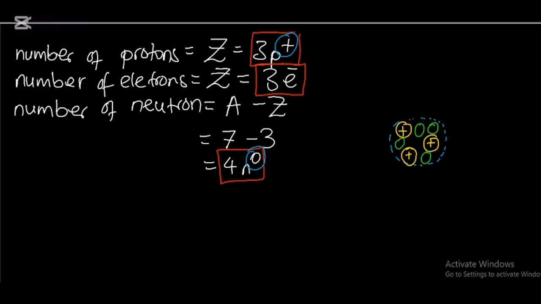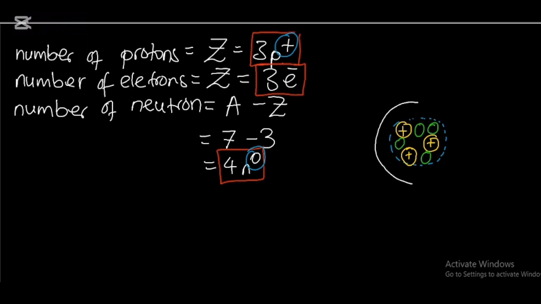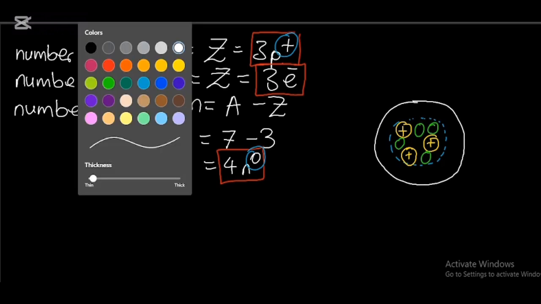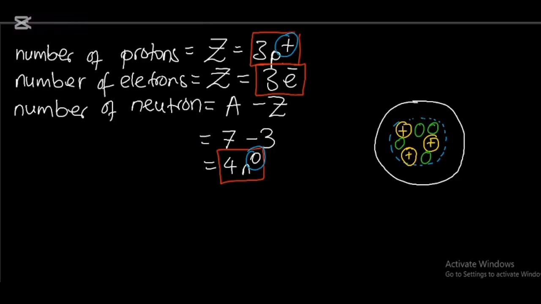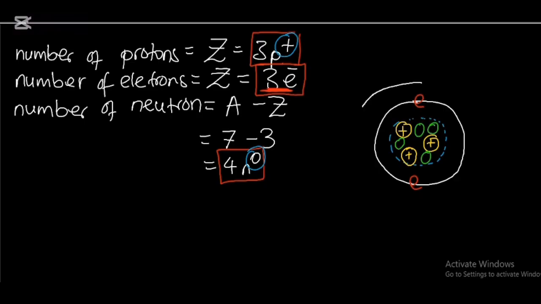So we'll go ahead and draw the first energy level, and the energy level has to be filled by 2 electrons. It's full with just 2 electrons. Here we have 3 electrons, so the first energy level takes only 2 electrons for it to be full. After that, we skip to the second energy level.